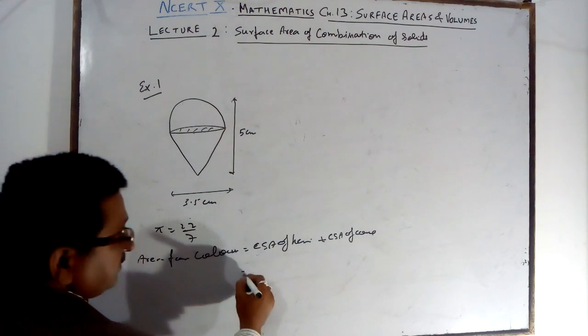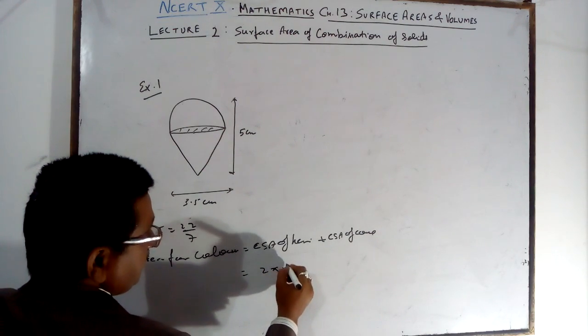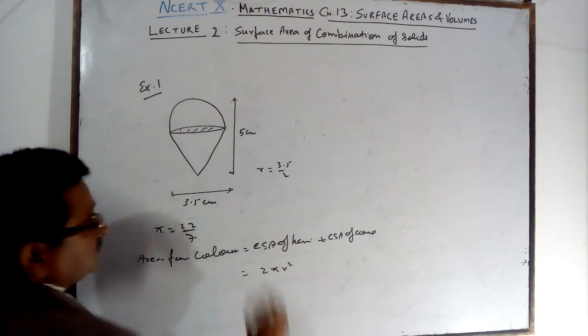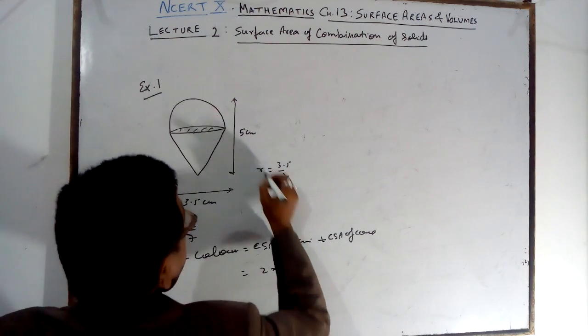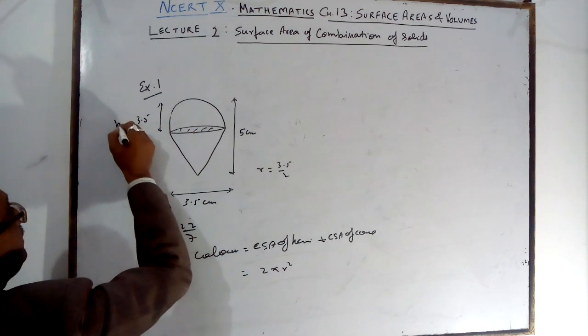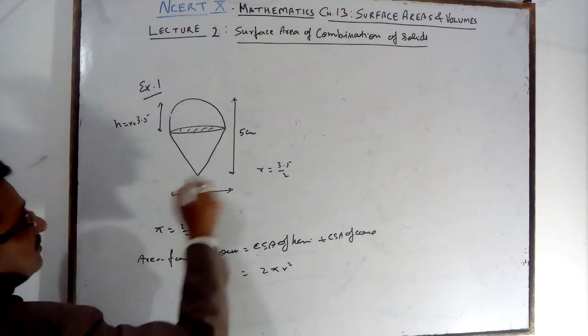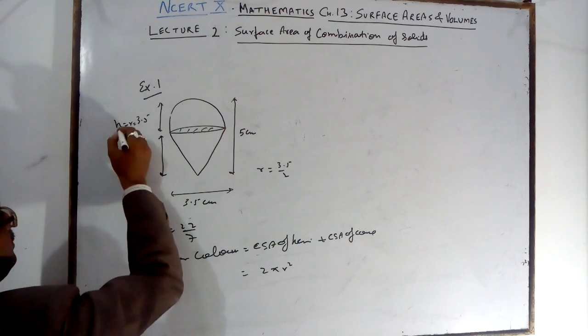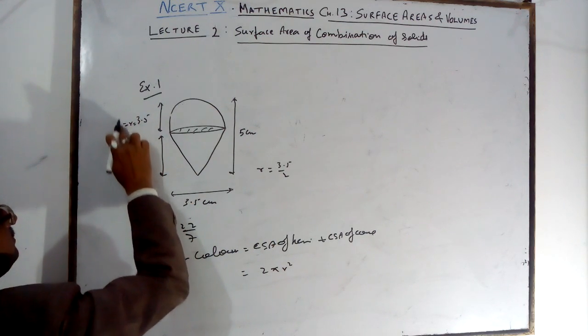CSA of hemisphere is 2 pi r square. R is given as 3.5/2. Then the height of the hemisphere is also 3.5/2, because the height of the hemisphere is the radius. So what is the height of the cone? Height of the cone will be the total height minus the height of the hemisphere, that is the radius.